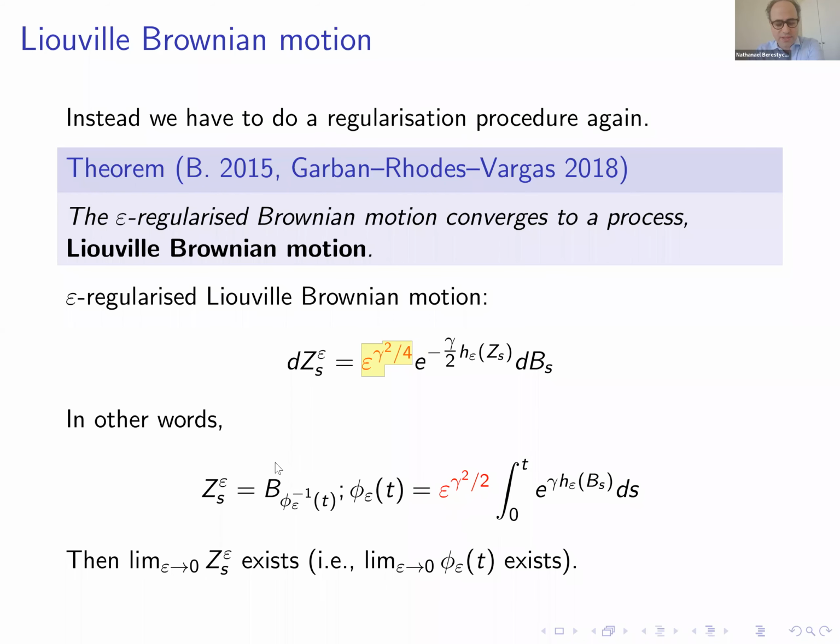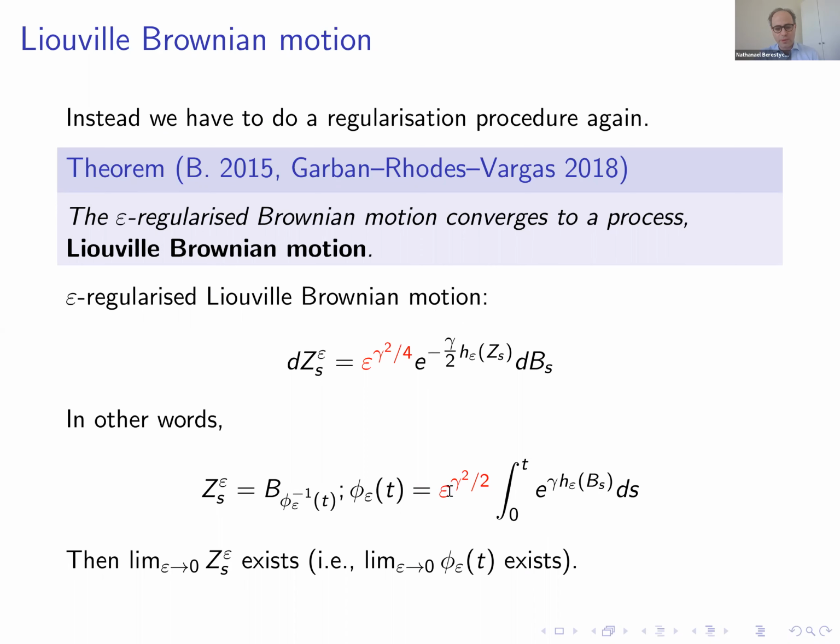And another way to put it, and that's really an equivalent description, is that you can start with some Brownian motion in your domain, some Euclidean Brownian motion, and all you have to do is time change it. So you introduce this clock phi epsilon of t, which is simply the integral from 0 to t of e to the gamma times the regularization of the Gaussian free field at the point B where your Brownian motion is running, integrated against time.